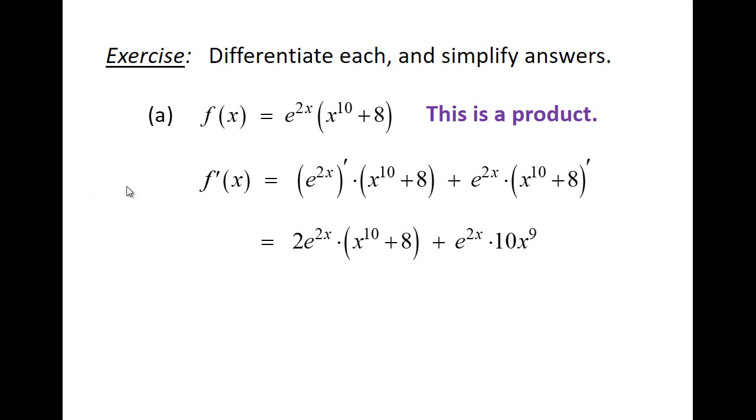Well, the derivative of e to the 2x is e to the 2x multiplied by the derivative of the exponent, which is 2, multiplied by this. And then here we get e to the 2x, and the derivative of x to the 10 plus 8 is 10x to the 9.